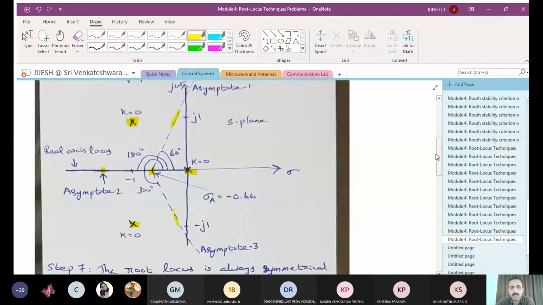Plot asymptote 1, asymptote 2 and asymptote 3, plot the centroid, plot the roots, so poles and zeros.